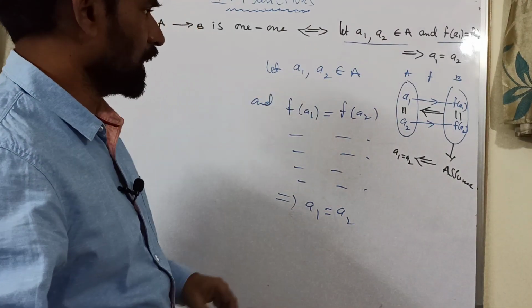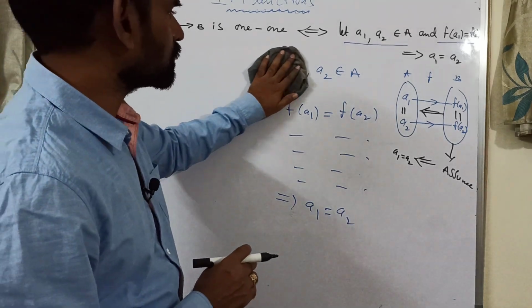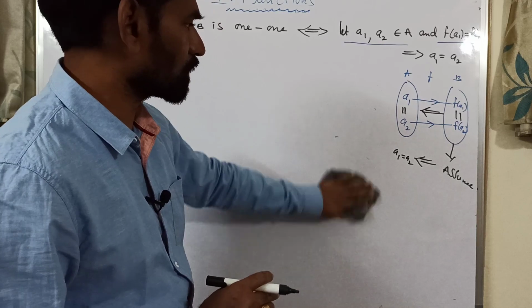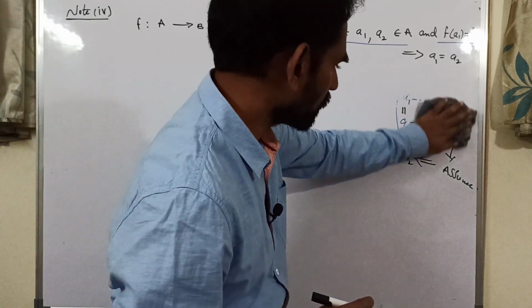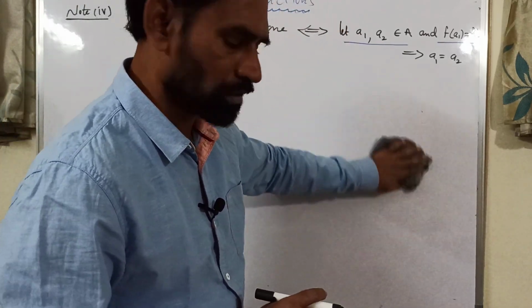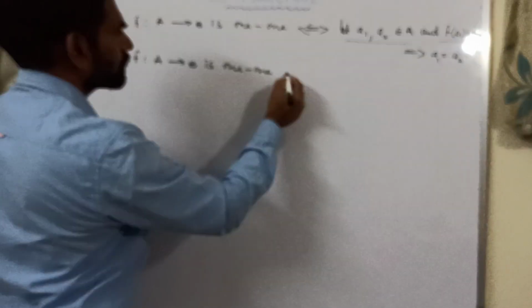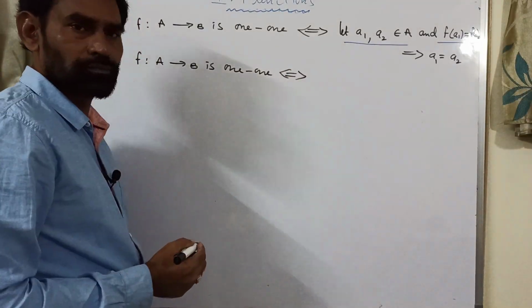Okay. Next, one more method is there to prove the given function is one-one. I am going to write that formula also once again. Note number 5. f from A to B is one-one, implies and implied by.